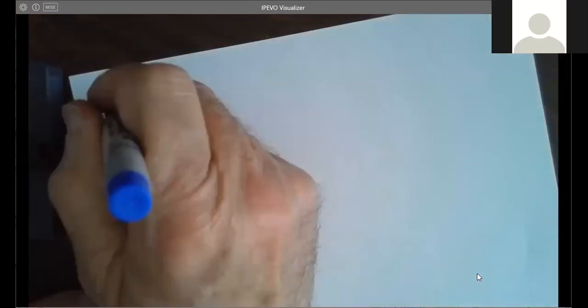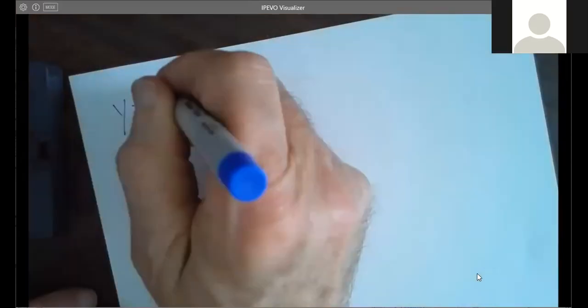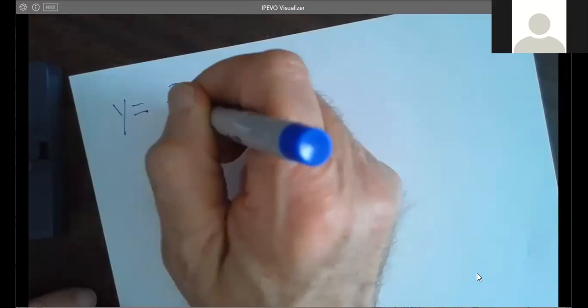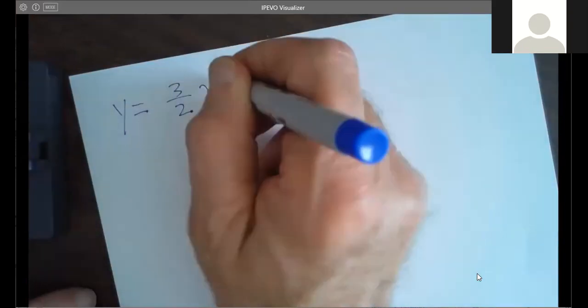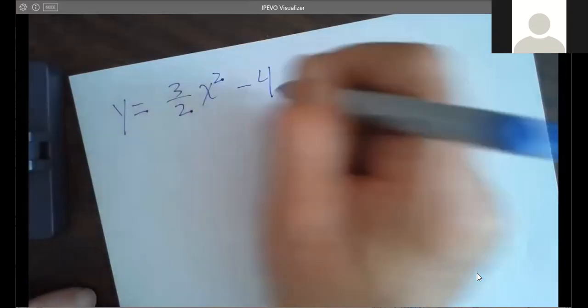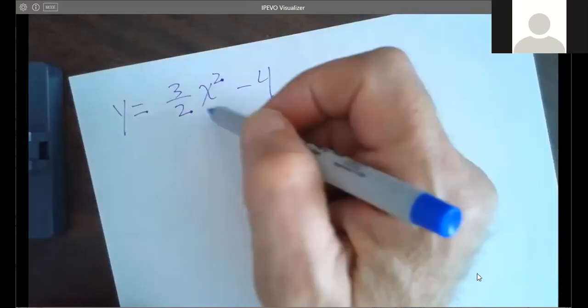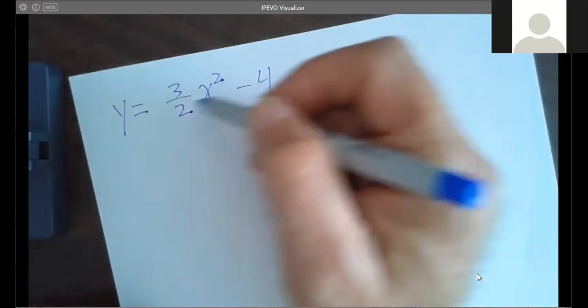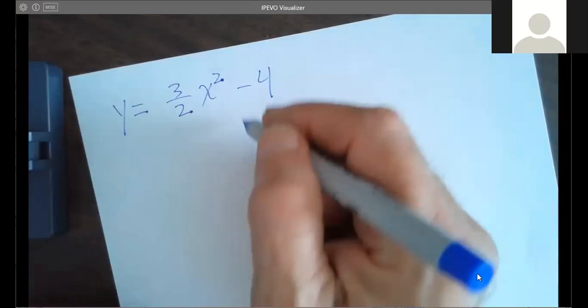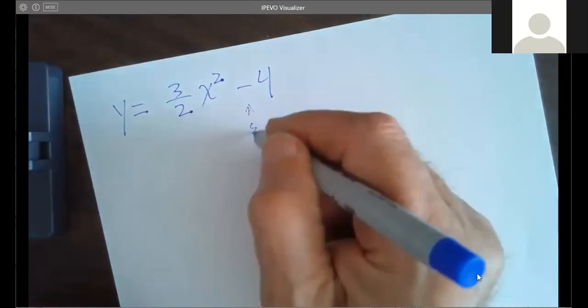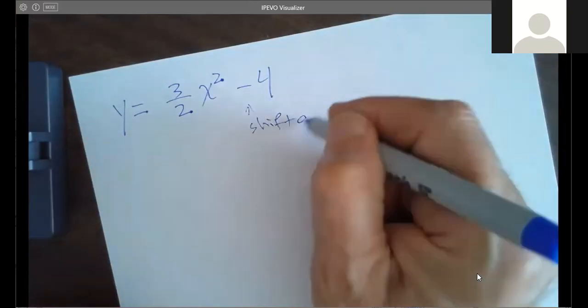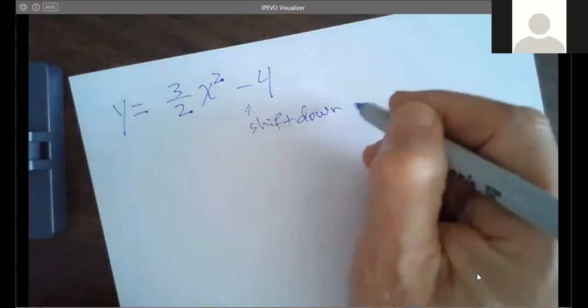We've got here y equals 3 halves x squared minus 4. Now there's no parentheses here, so it's not going to move right or left. So this is only going to make it shift down 4 spaces.